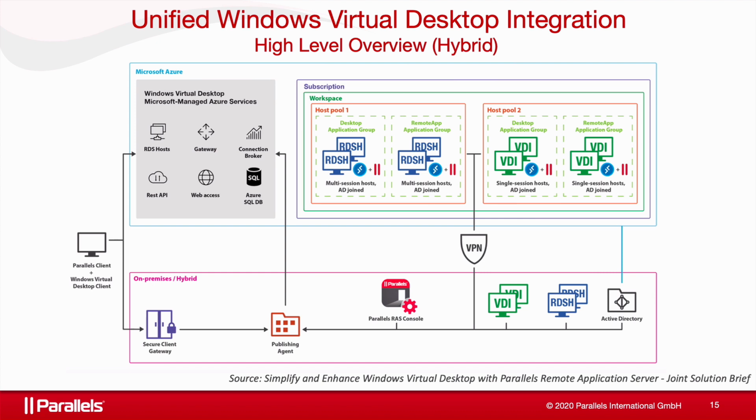It depends on how your deployment will be working. So the idea here is a scalable way to have WVD workspaces and host pools working for desktop application groups, remote application groups, and so on, where you can use RD session hosts and as well Windows 10 multi-session VDI.